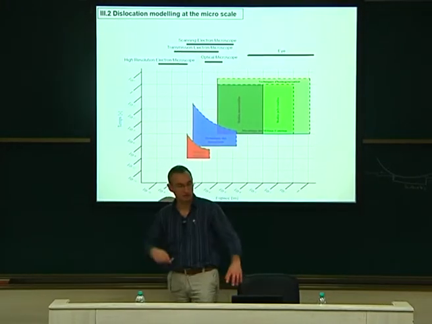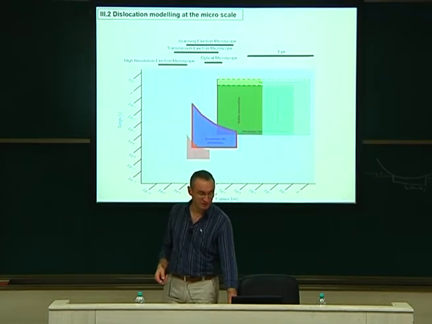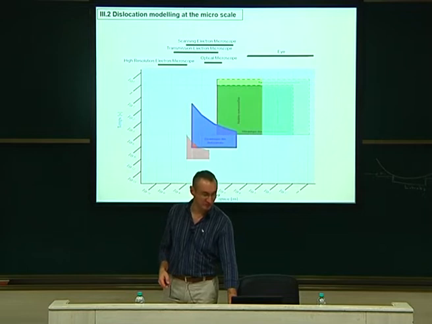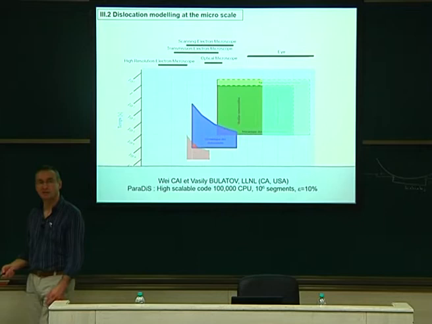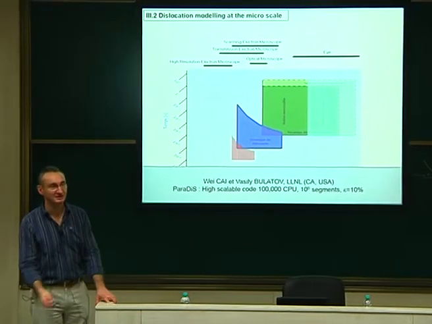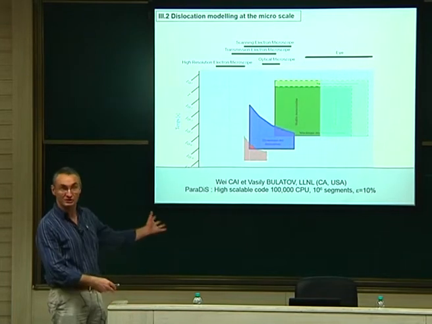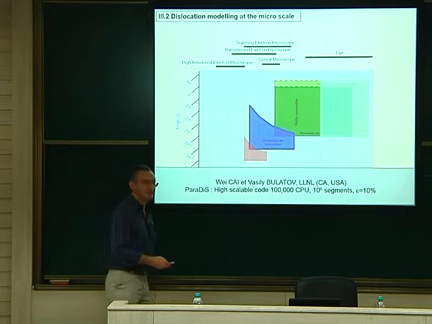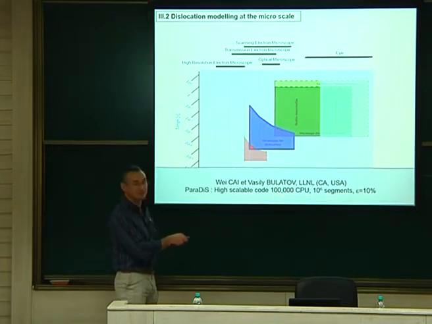Dislocation dynamics is a bit higher in scales of space and time. The world record of DD, I would say, is Bulatov and Cai, it is ParaDiS. I know that most of you are using ParaDiS here, and everybody I'm talking to says they are using ParaDiS, so it's a big success. This code has been built to run on a large number of CPUs, typically 100,000 CPUs.